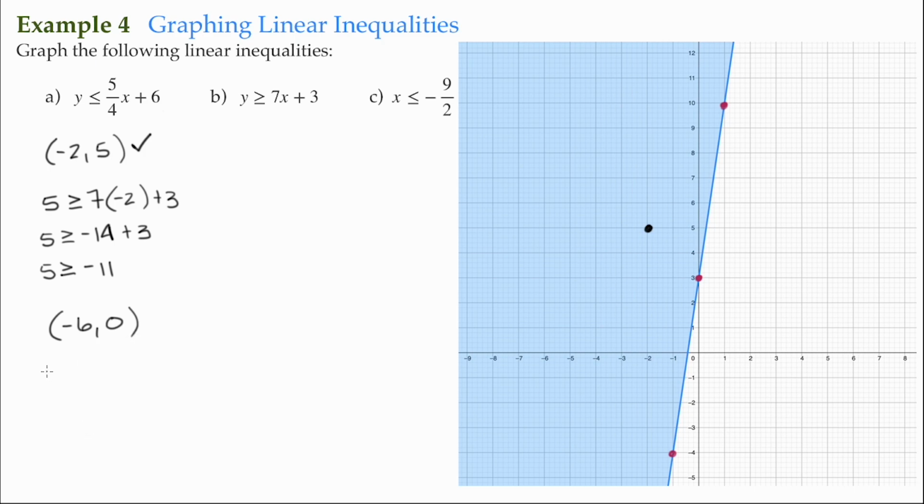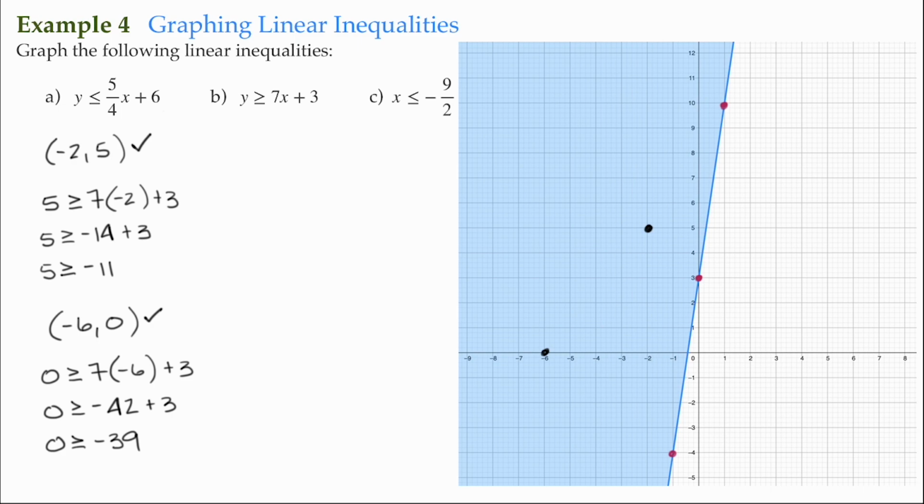So y would be 0, which is greater than or equal to 7 times x, which is -6, plus 3. 0 is greater than or equal to 7 times -6, that's -42, plus 3. 0 is indeed greater than or equal to -39. So this does lie within our region. If we look at it here, we are at -6 and 0, and there it is right there.